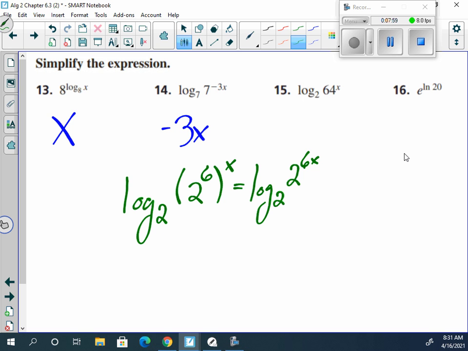So we could rewrite this as log base 2 of 2 to the 6x, which simplifies to 6x. All right.